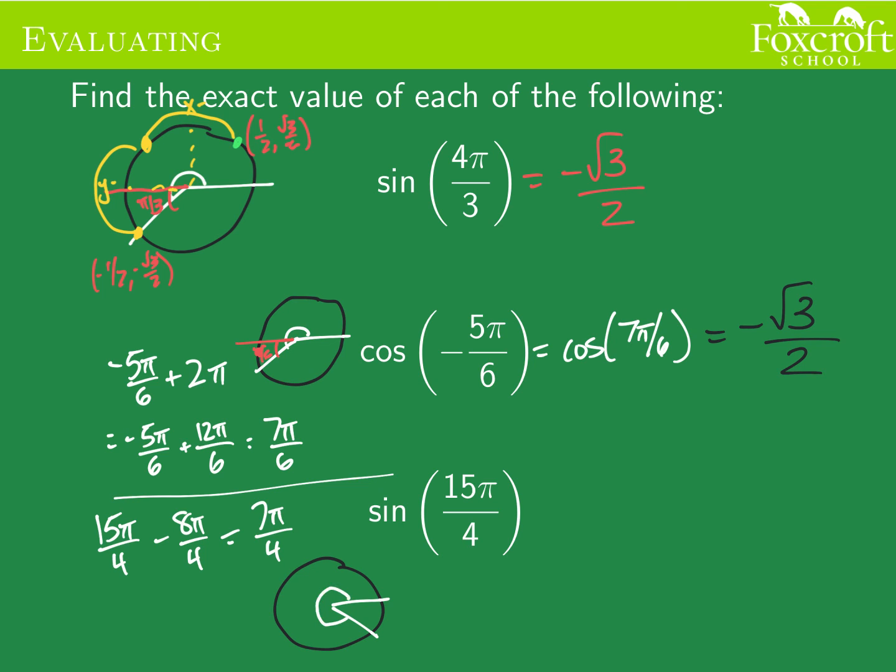So this is the angle I care about. My reference angle is this little angle in here, close to the x-axis. And that's going to end up being pi over 4, the little part that I would need to complete the full circle. I know sine of pi over 4 is my reference angle, so my final answer is going to be negative square root of 2 over 2. Because when I go from up here to down there, my y value becomes negative.